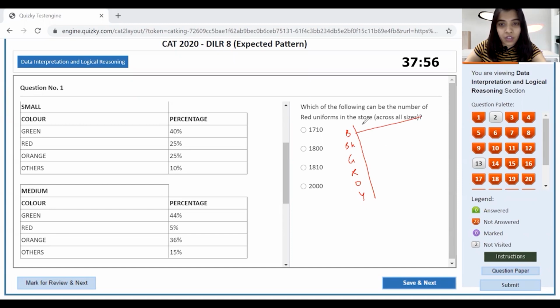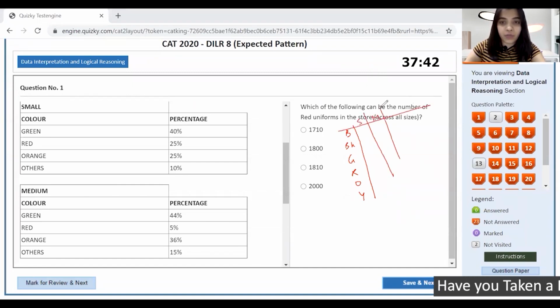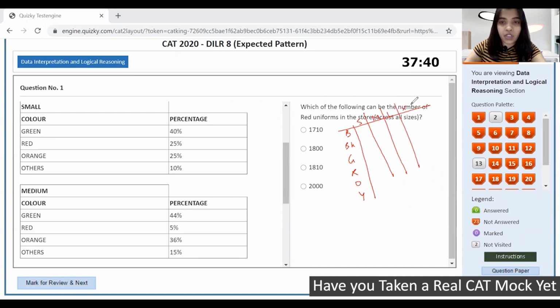The sizes that we have are small, medium, large, and extra large.